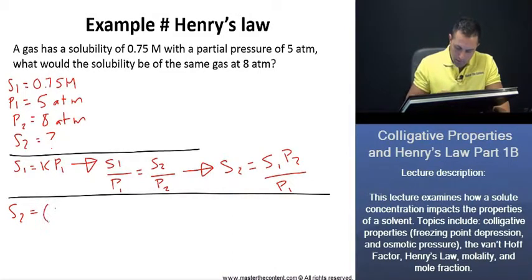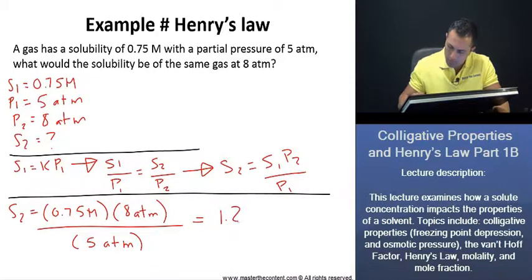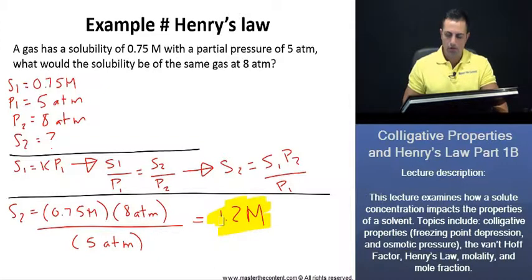We have the solubility at 5 atmospheres, which was as follows, and we have our partial pressure at 8 atmospheres, over the 5 atmospheres. Once we equate this, we find that the solubility value is going to be as follows. Great, let's now move on to our next slide.